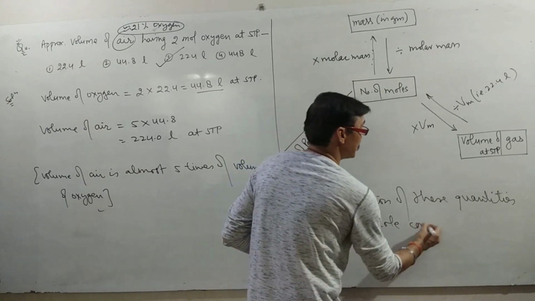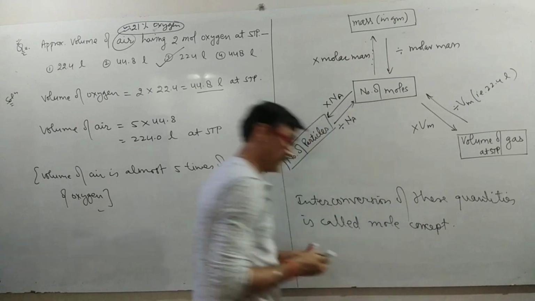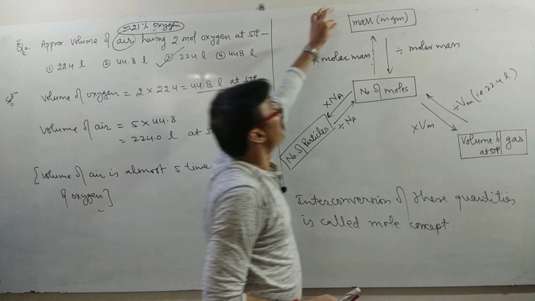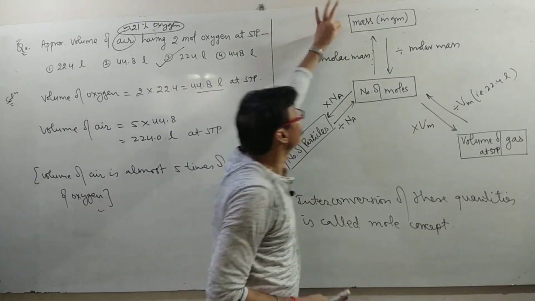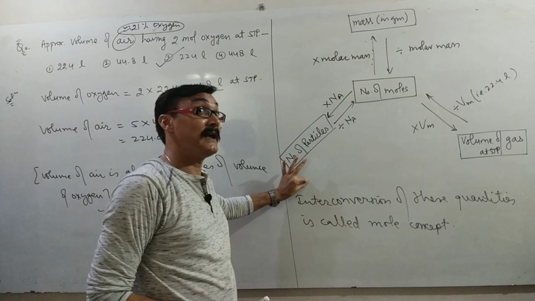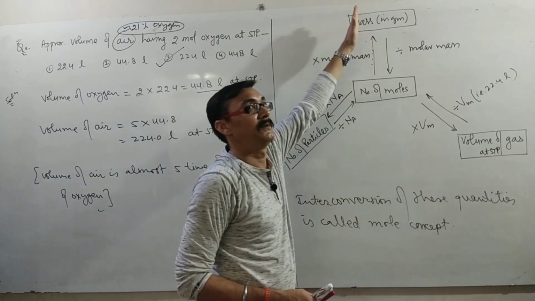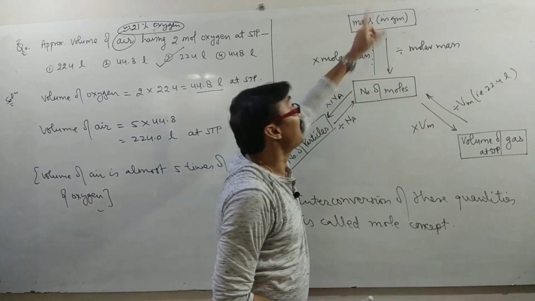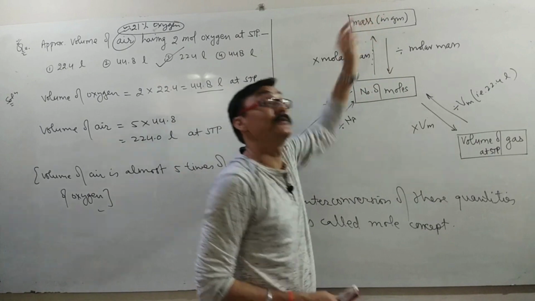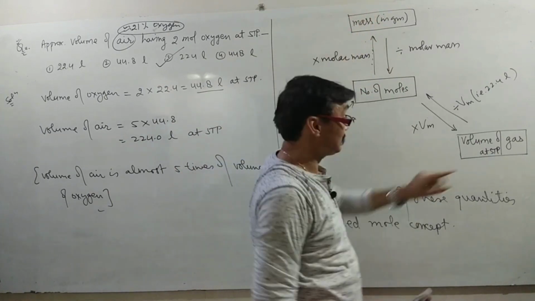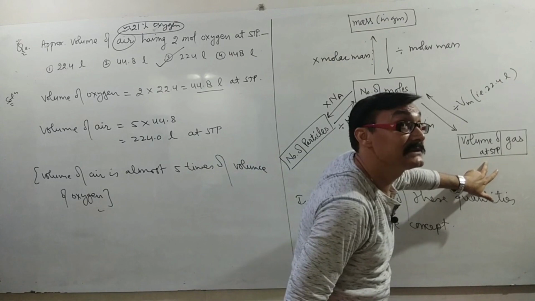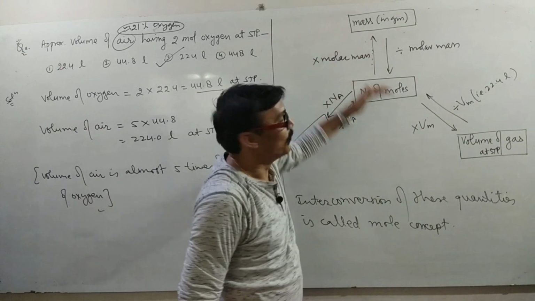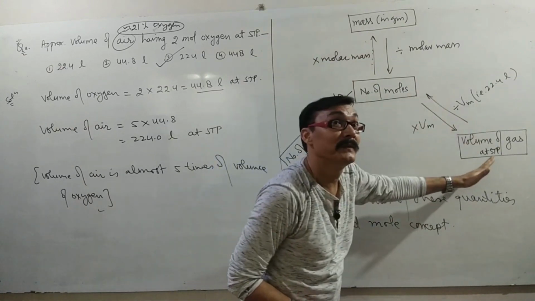And for such questions, you have to remember: if mass is asked in the question from number of particles, then follow this path. First of all, change number of particles into moles and then get mass from moles. If you have to find the volume of a gas from its mass, then first of all mass to moles and moles to volume.